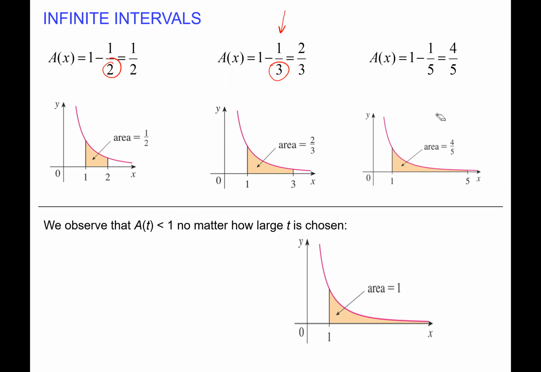Before the infinity, looking at these answers, 1/2, 2/3, 4/5, the area is getting bigger and bigger, but it looks like it will never be greater than 1. I would say it's approximately 1, and it's tending to be closer and closer to 1. Now is the point to look at this infinity.